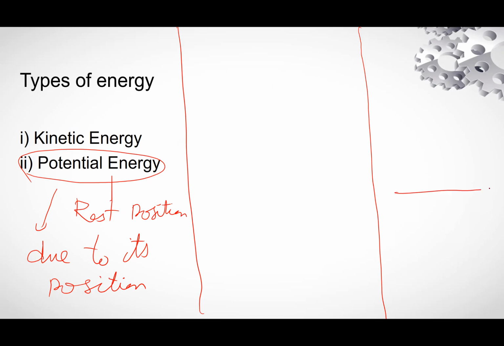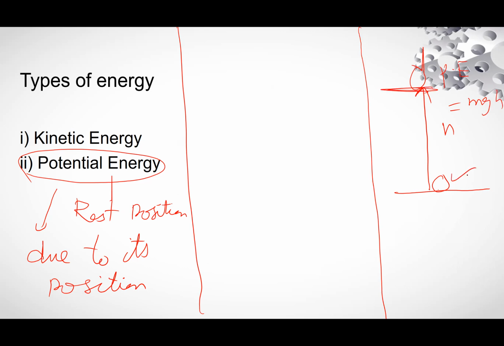If this is earth surface and you take an object from the earth surface to a height h, potential energy will be equal to mgh. It is due to this position.